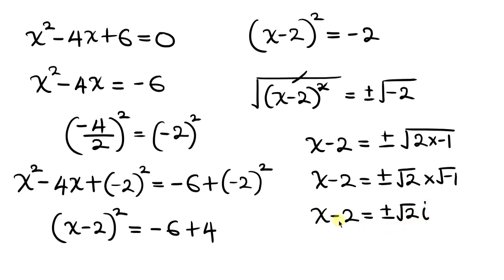Very good. So now let's move negative 2 to the right hand side. So we have x equal to, as negative 2 crosses to the right, it becomes positive 2, plus or minus the square root of 2 i. Very good. So there are actually two values of x here.